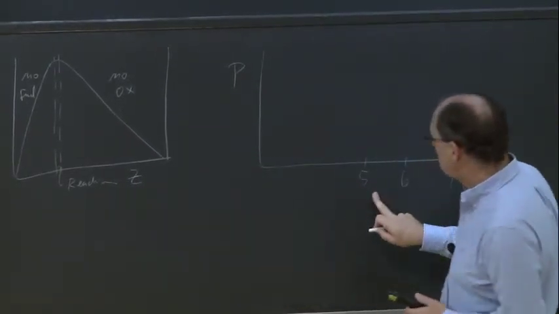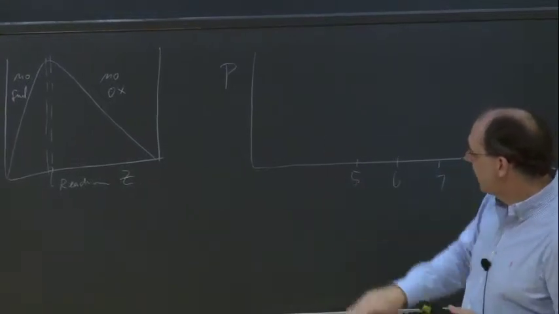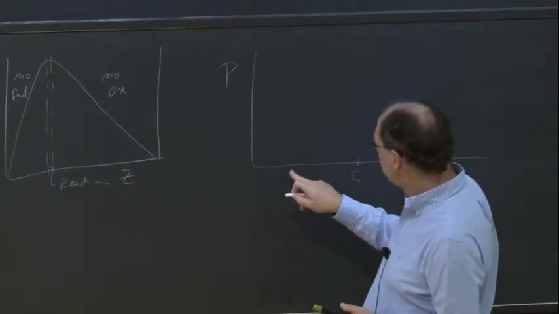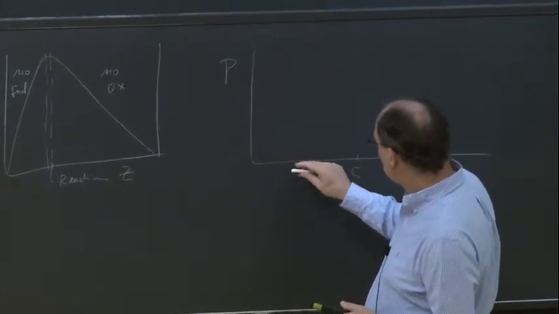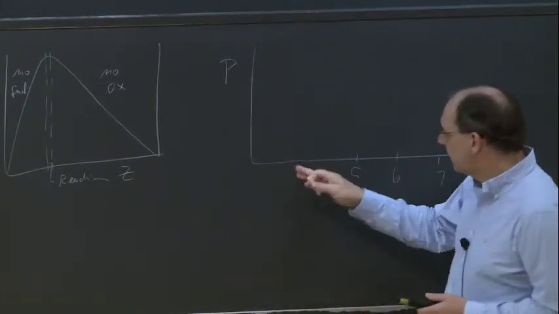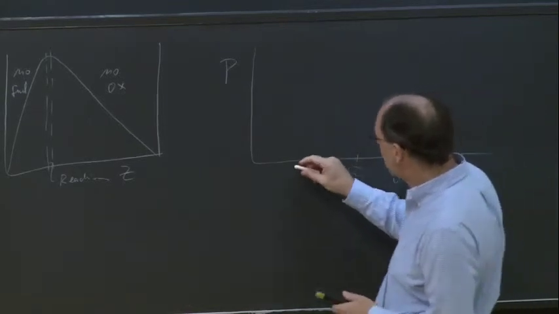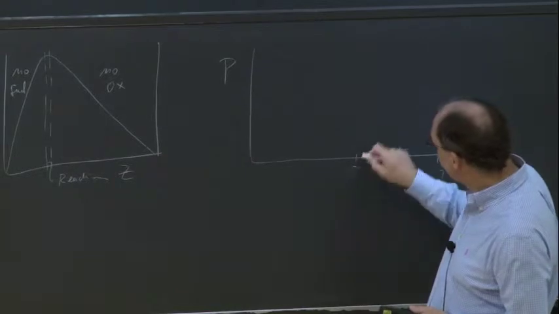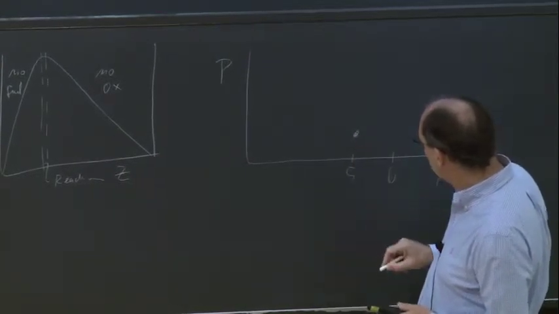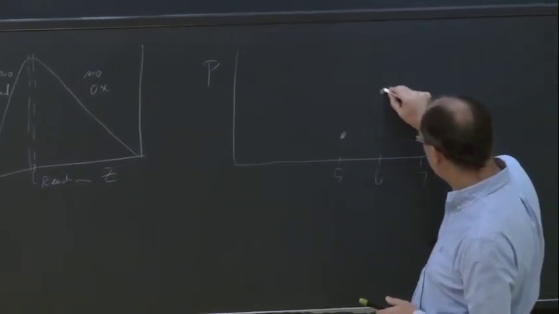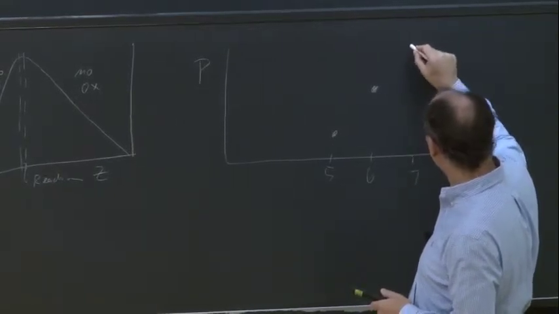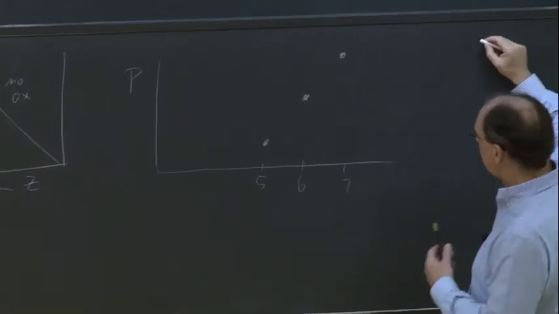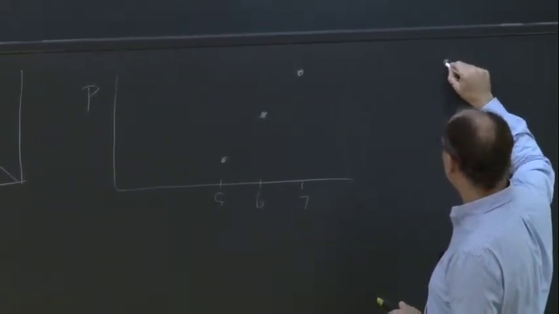And then if I measure the velocity, maybe the velocity is always between 3 and 7, then the probability of this less than 5 is maybe 20%, less than 6 is 40%, less than 7 is 90%, and less than 25 meters per second is 100%.